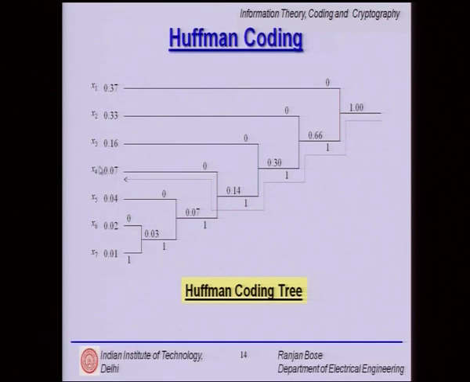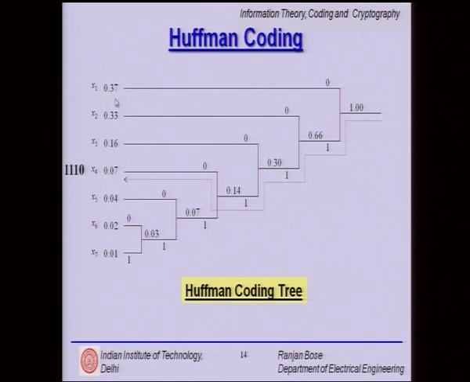Since my target symbol is x4, I go down, 1, and I need to go down again, 1, and then I go down 1, but now to reach x4 I go up and I get 0. So I add 1, 1, 1 and 0, and that is the code word for x4, and so on. What is interesting is as follows.